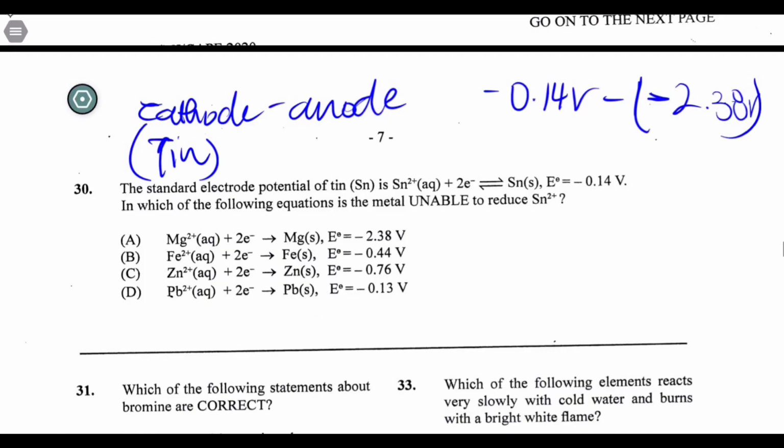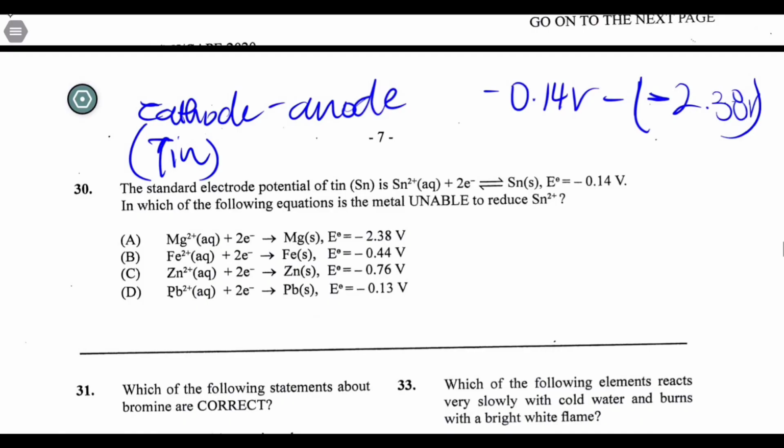Now minus 0.14 minus negative 0.76 gives positive 0.62, therefore the reaction is feasible and the zinc can reduce tin.